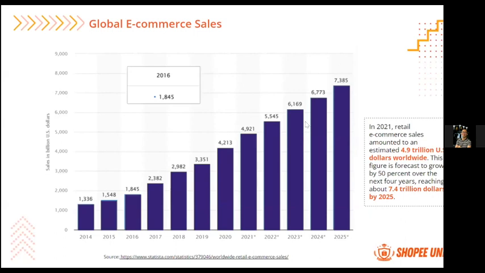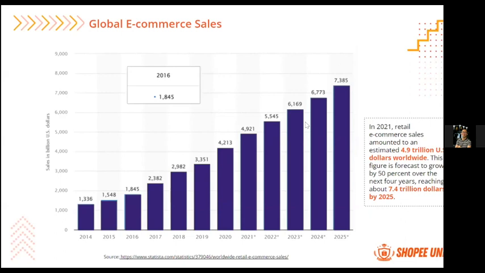This figure is forecast to grow by 50% over the next 4 years. By 2025, 3 years from now, the total value of e-commerce sales worldwide is projected to reach 7.4 trillion dollars.